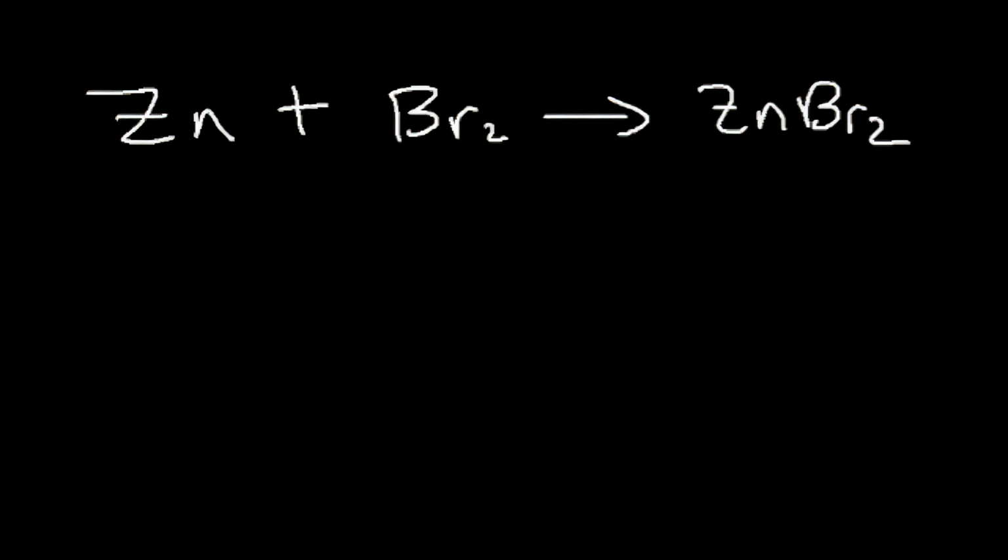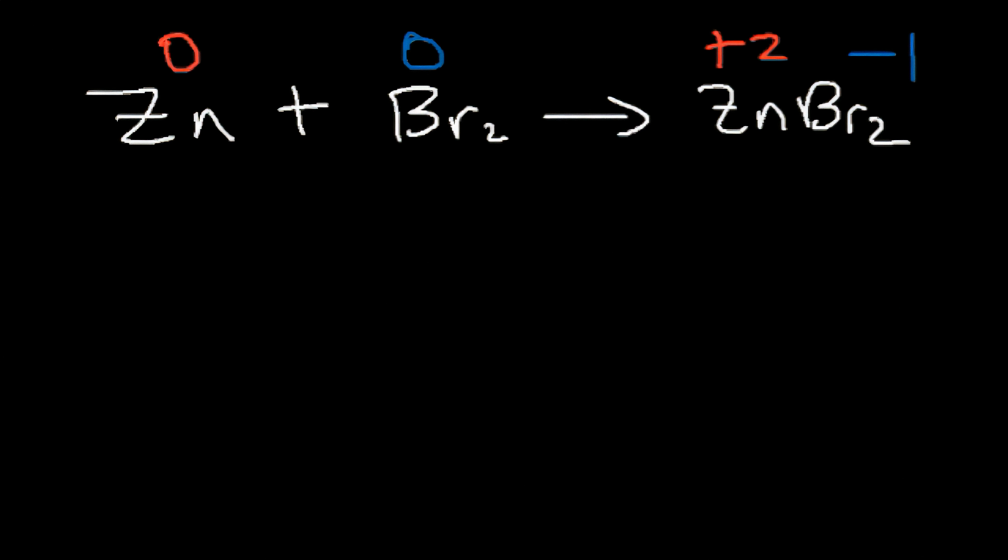The oxidation state of any pure element is always 0. Now, in zinc bromide, we know that zinc has a +2 charge. Elemental bromine has an oxidation state of 0. But bromide in zinc bromide individually has an oxidation state of -1 because bromide typically forms a -1 charge.